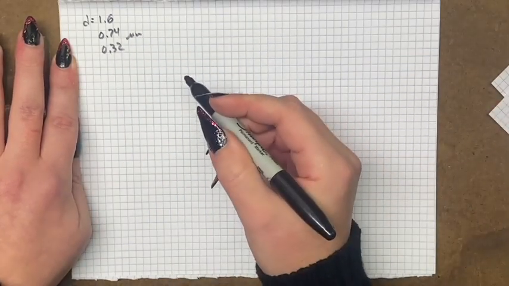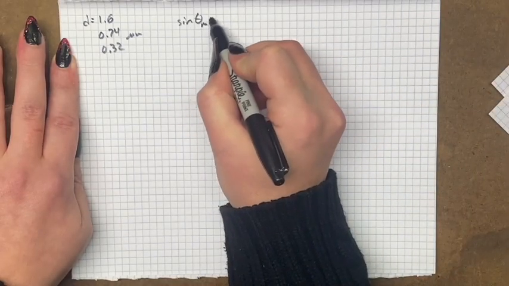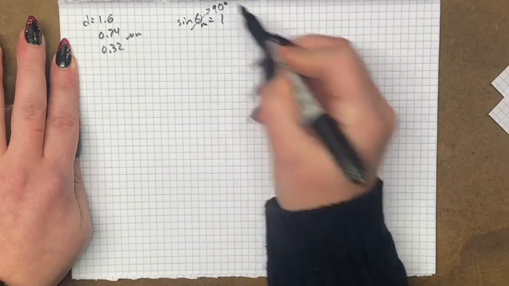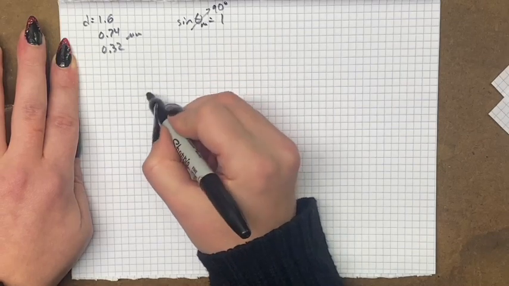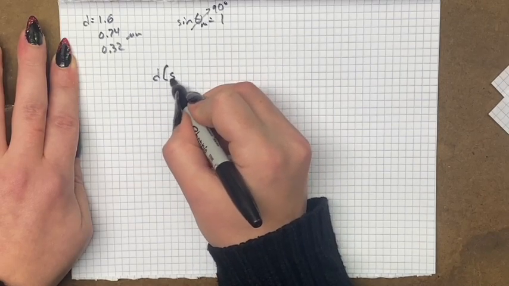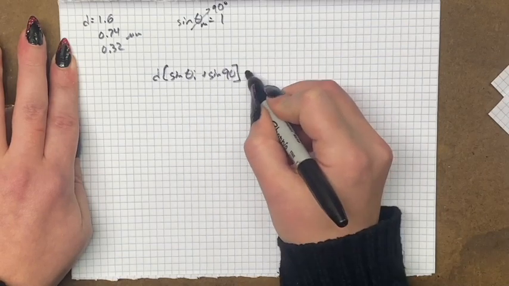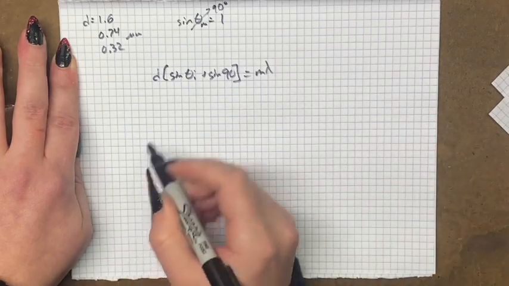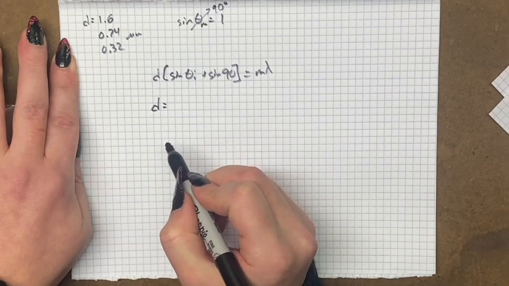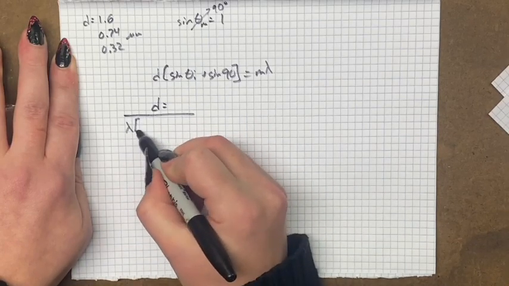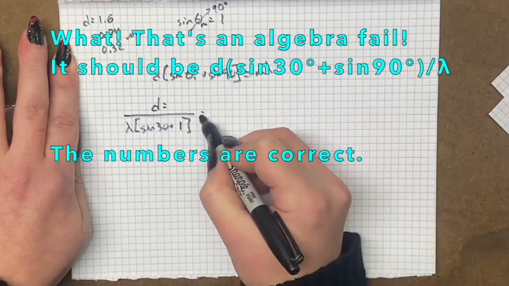Let's rearrange the equation and figure out what's the maximum m that would correspond to sine theta m equals 1, where this is 90 degrees. If this was d times (sine of the incident plus sine of the final) equals m lambda, rearranging that was as simple as d over lambda times (sine 30 plus 1, because that was sine 90) equals m.